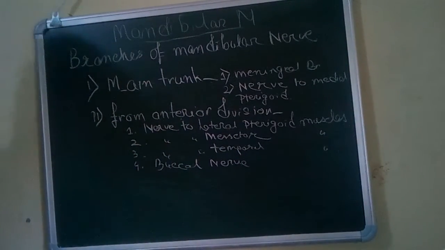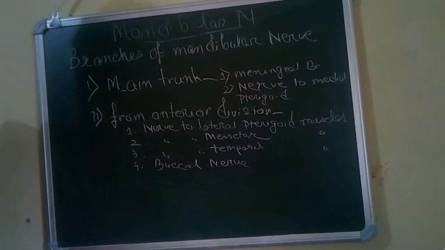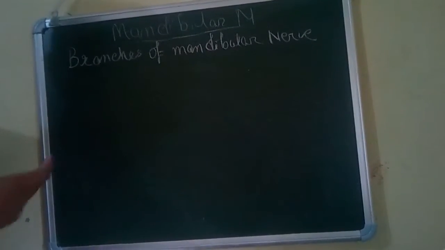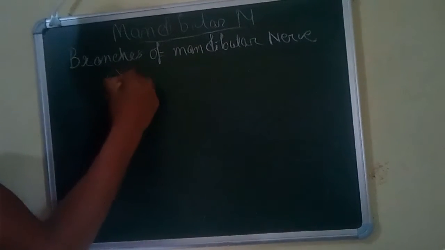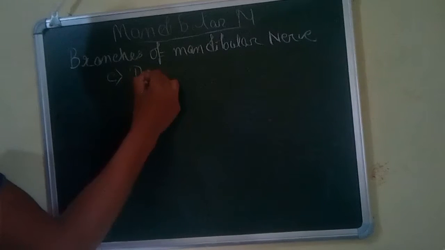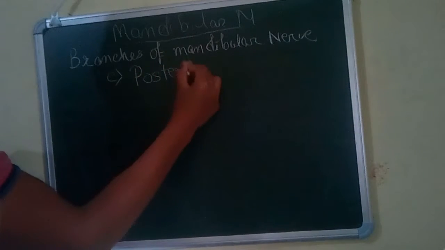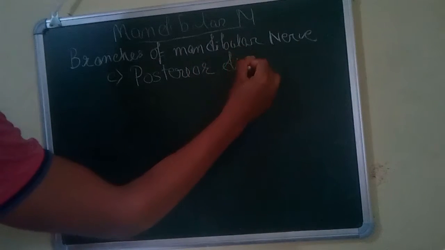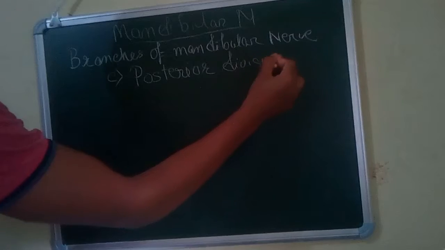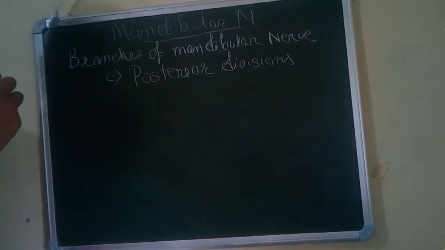Now the posterior division, which is the last division. In the posterior division, it gives a total of 6 branches.